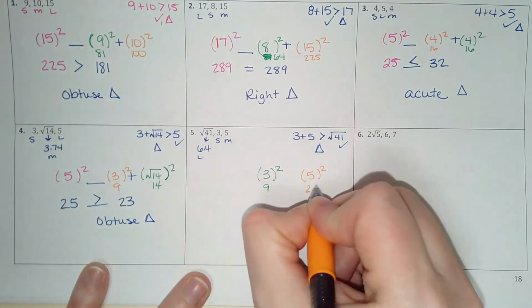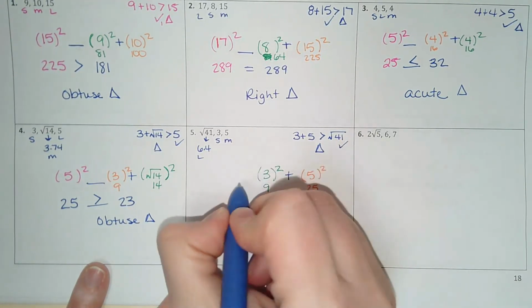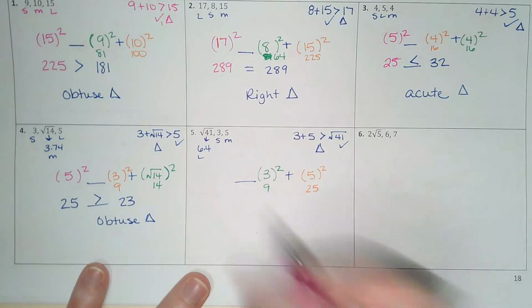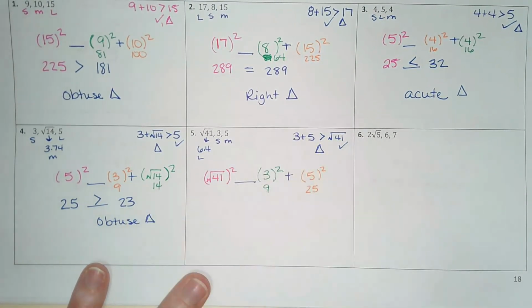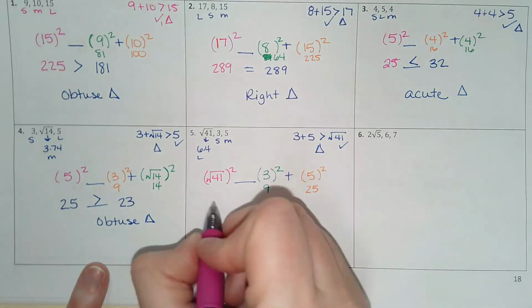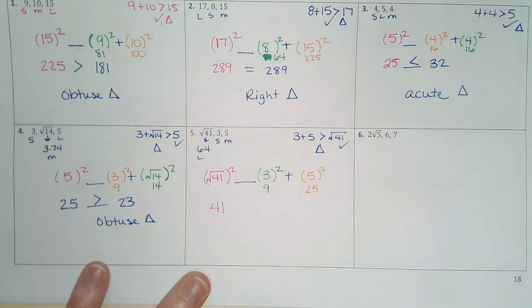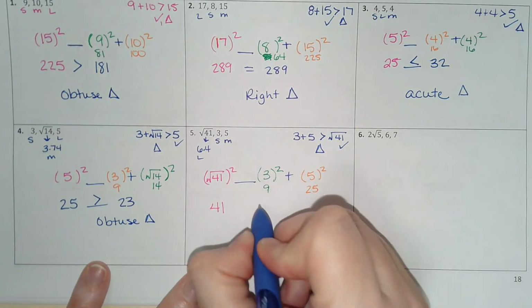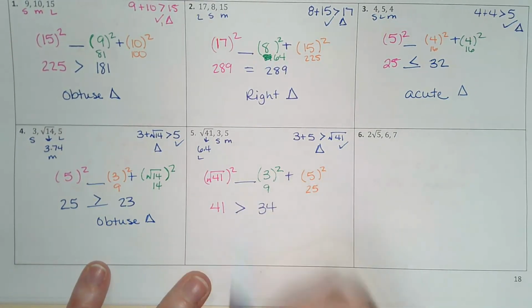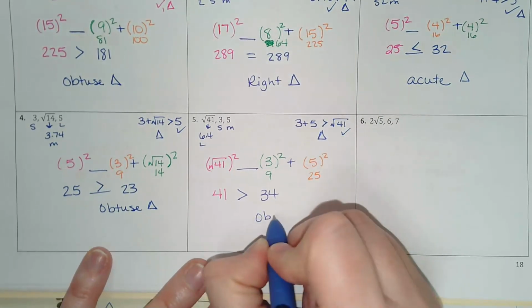And these are the small sides. How does that compare to the quantity square root of 41? So the square root of 41 squared is 41. And 9 plus 25 is 34. Since 41 is bigger than 34, this is an obtuse triangle as well.